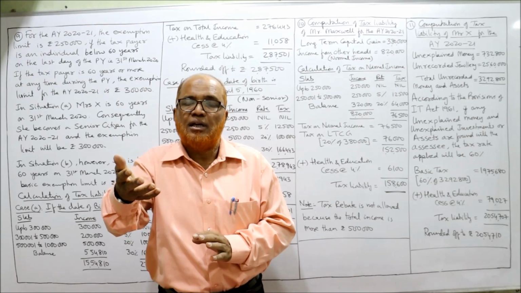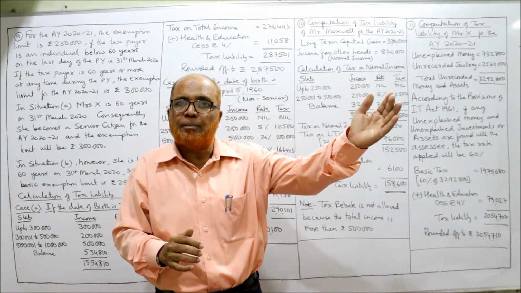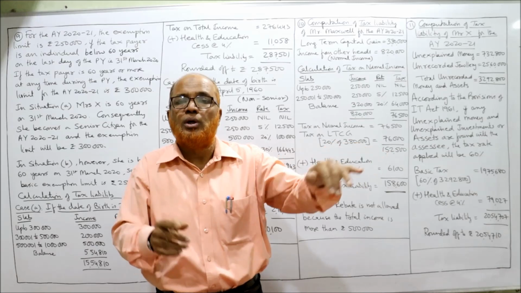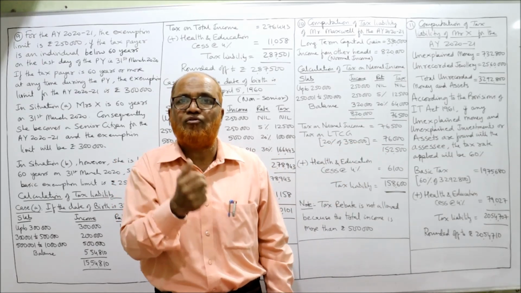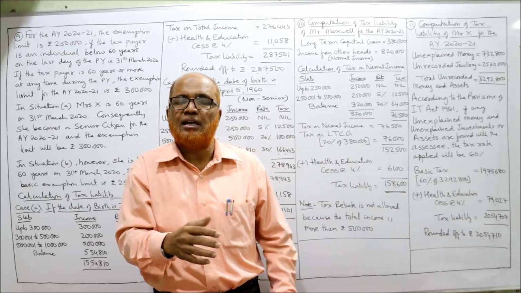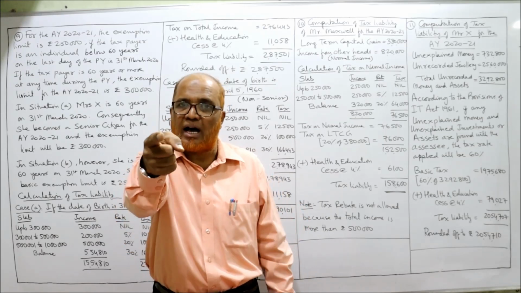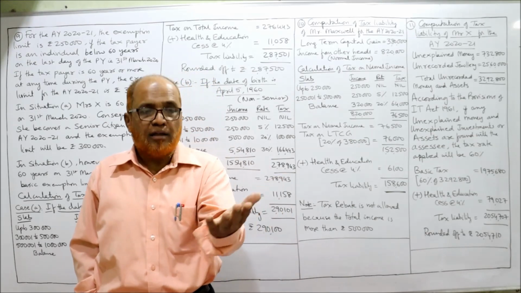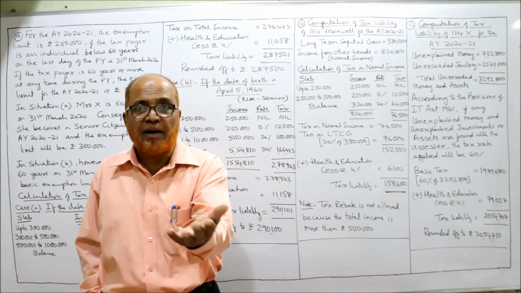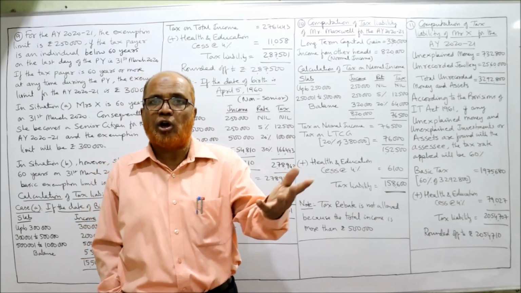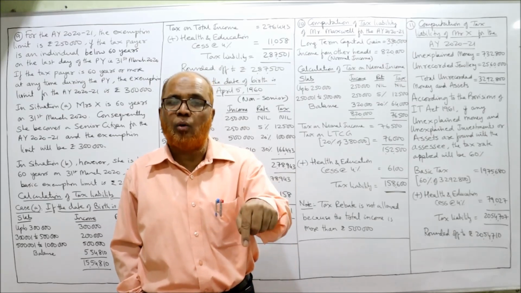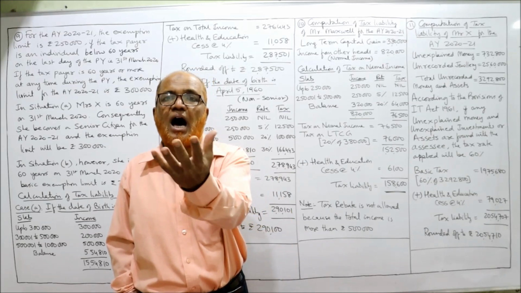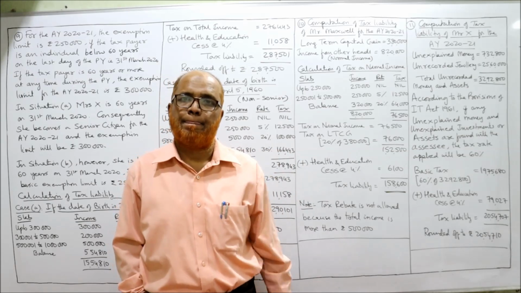Later on, in some way or other, the income tax department comes to know that this person has so much money. The income tax department has the right to ask that person, what are the sources of your income? He has to explain that he has earned so much money, and whether he has paid the tax or not. If he says he has not paid the tax, then that money will be treated as unexplained money.